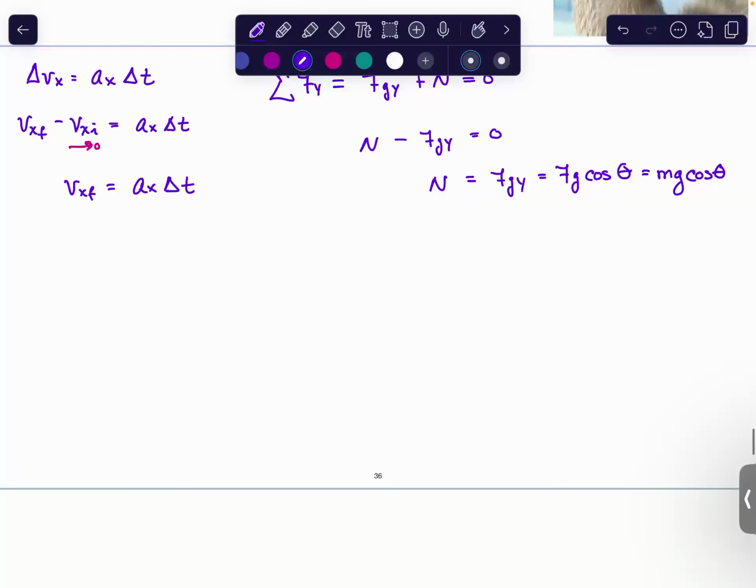Okay, now, a little bit of a change here. Why is it not zero?